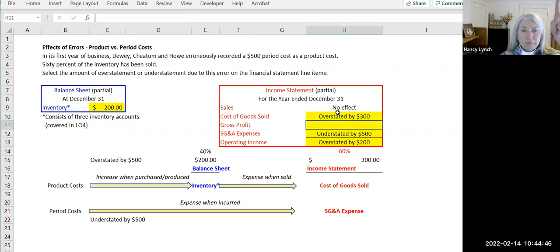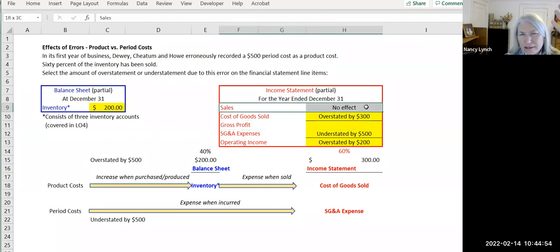But there's this intermediary step, this multi-stepped income statement. What about gross profit? Well, if your sales are fine, because this is not an error with the price we sell our goods to our customers for, it's the costing of that. We put 300 too high in cost of goods sold because it should have all been selling, general, and administrative expenses.